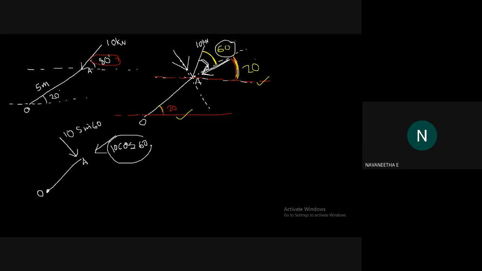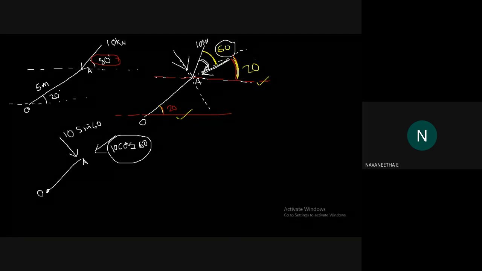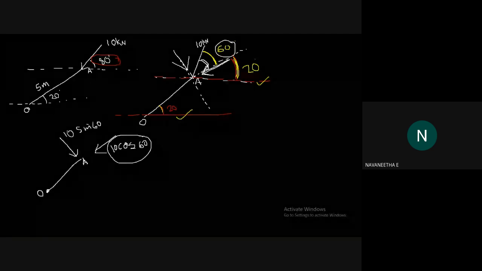Actually, it is coinciding with OA, in the line of action of OA. So we cannot consider this 10 cos 60, that is the x component. We don't need to consider the x component of the force 10 kilonewton.